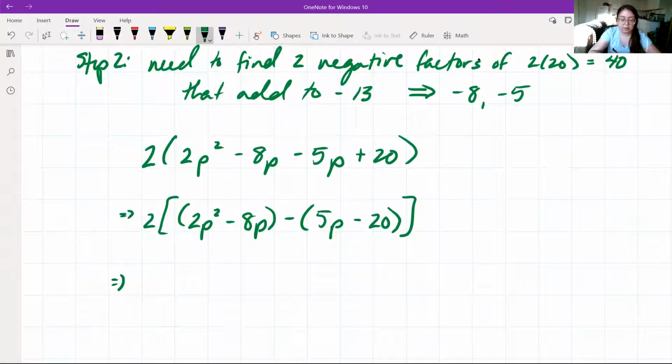And now we can factor out our greatest common factor. Our greatest common factor in 2p squared minus 8p is going to be 2p. Our greatest common factor of 5p minus 20 is going to be 5.